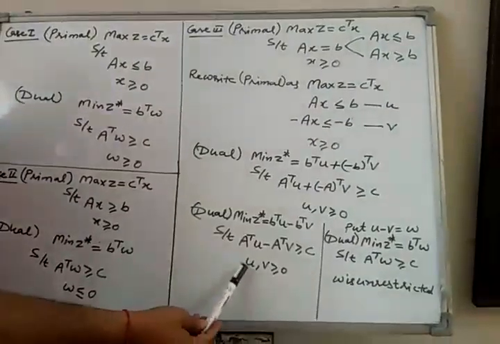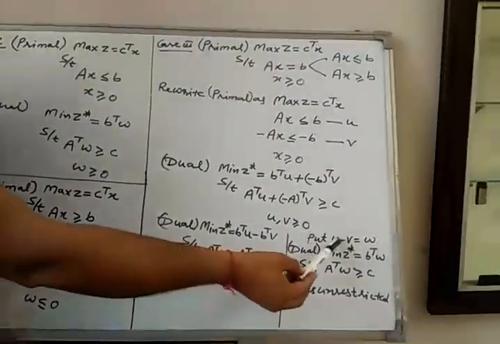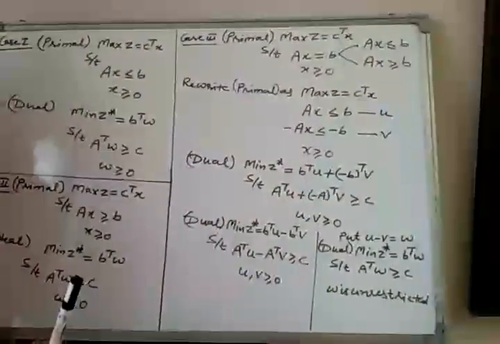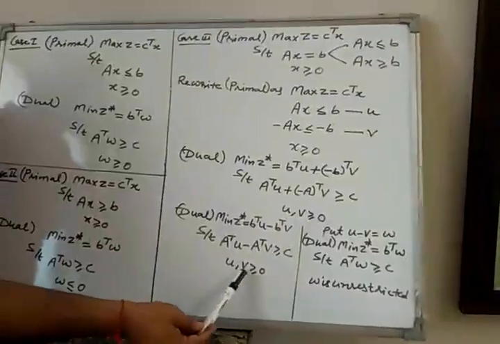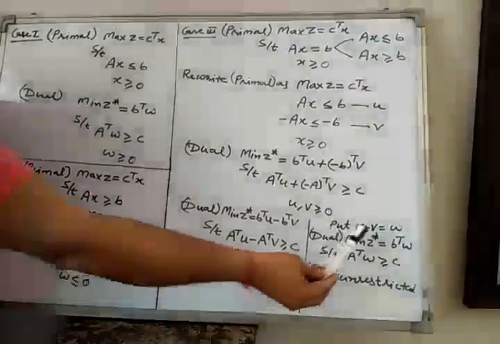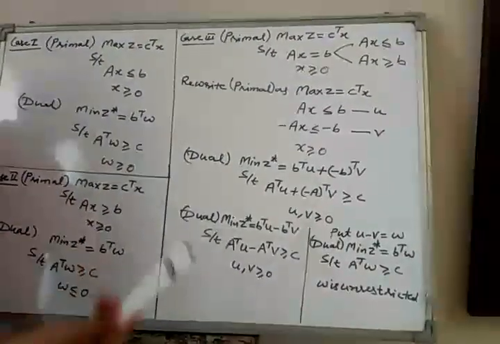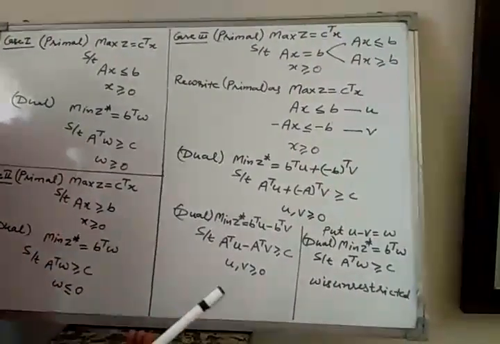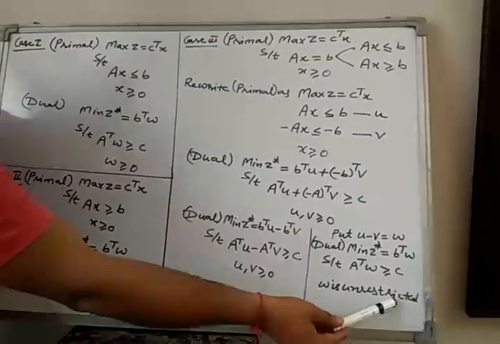Now, as u and v are greater than or equal to 0, we can't decide the sign of w, where w is u minus v. It can be negative, it can be 0, it can be positive. Therefore, in this case, w is unrestricted.